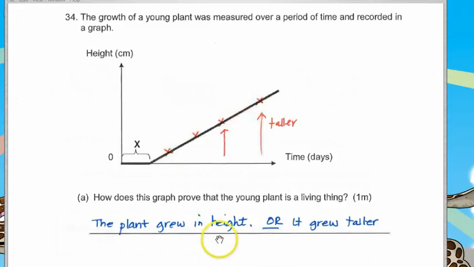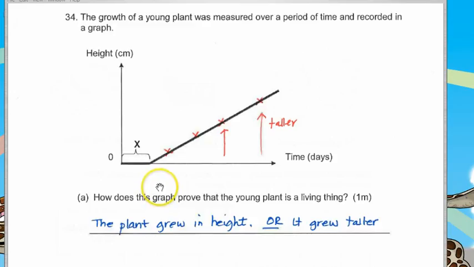Now, how does this graph prove that the young plant is a living thing? Over here, you can't really prove that it is a living thing because there's no movement, no physical proof to show that there is growth. Now, please remember, as living things, they can do these four things.